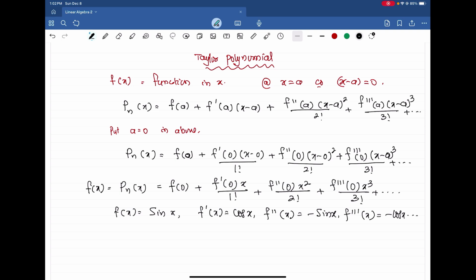Now how can the series of function x be written in the form of a polynomial? Function 0 plus function dash 0 into x by factorial 1 plus function double dash 0 into x square by factorial 2 plus function triple dash 0 into x cube by factorial 3 plus so on.